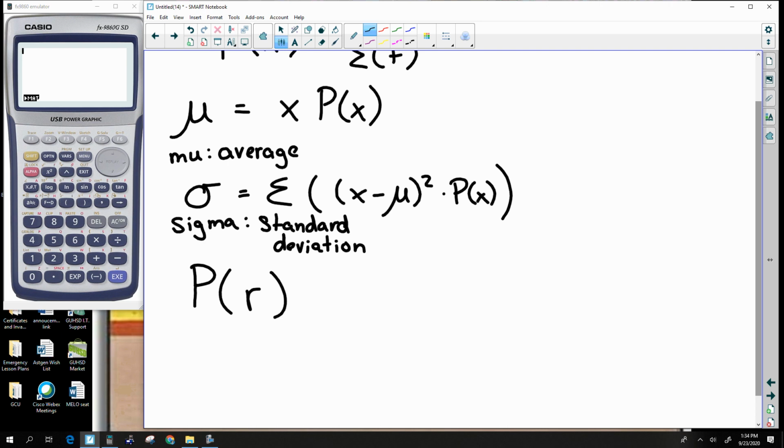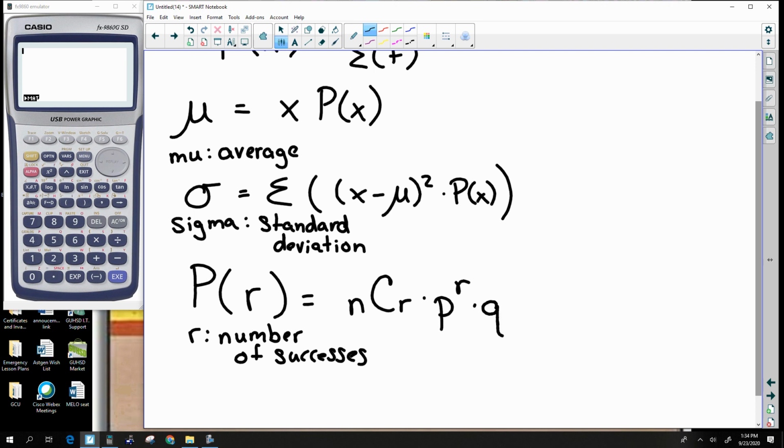R stands for the number of successes. Okay, it's what you're looking for. And this is going to be nCr times P to the R times Q to the N minus R.